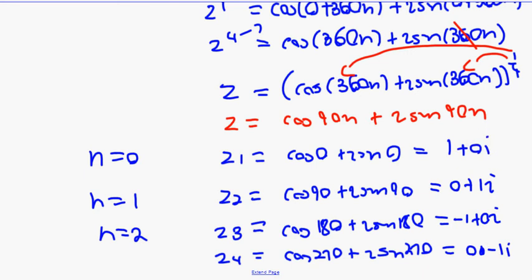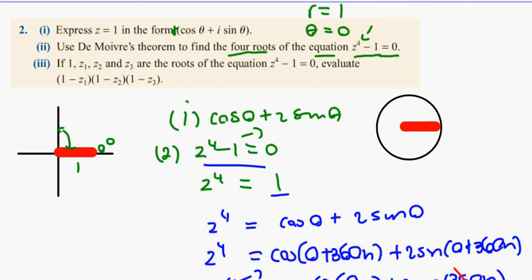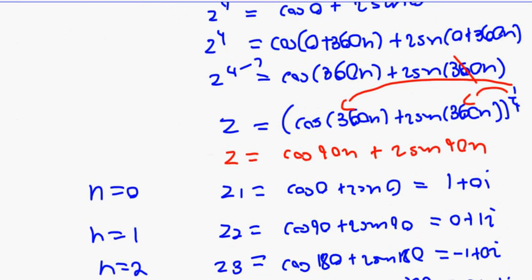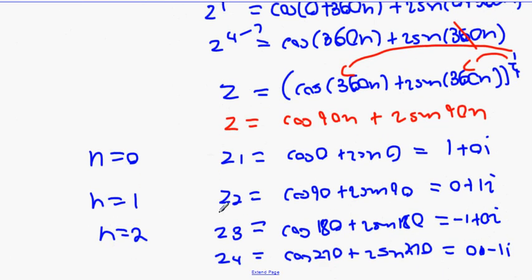Now, what I ask next is to find 1 minus Z1, 1 minus Z2, 1 minus Z3, and multiply them all by each other. The first root is 1. So this means I just have to rename my values.